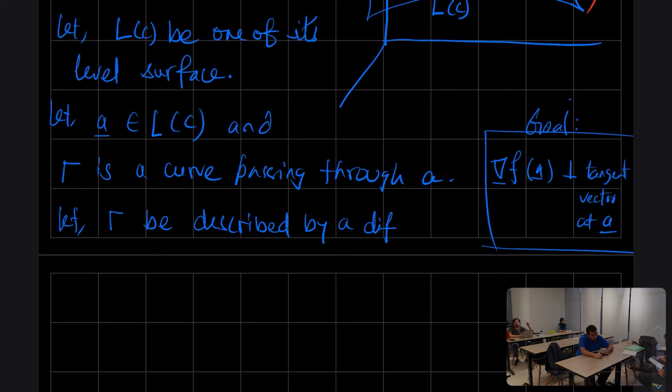Let gamma be described by a differentiable vector valued function.